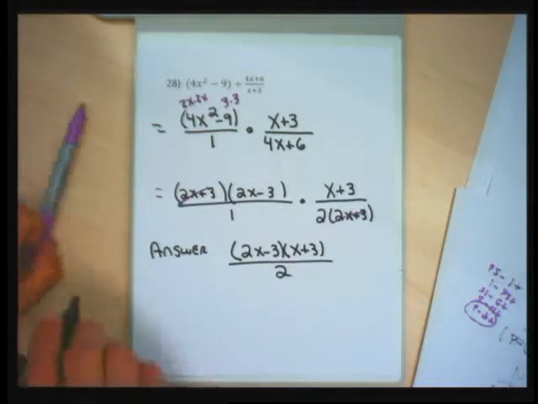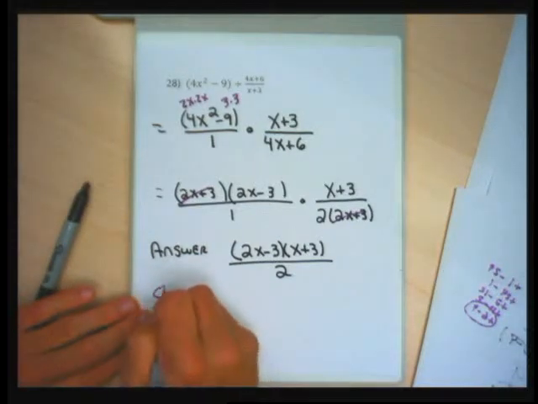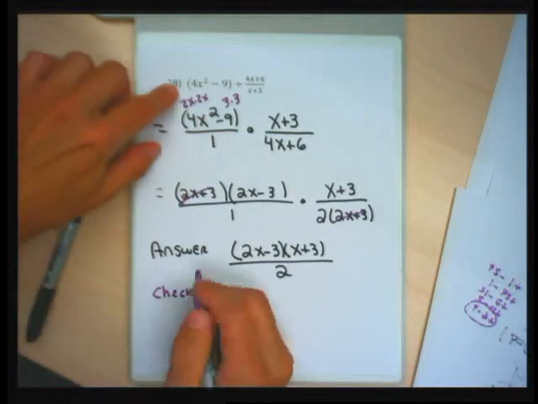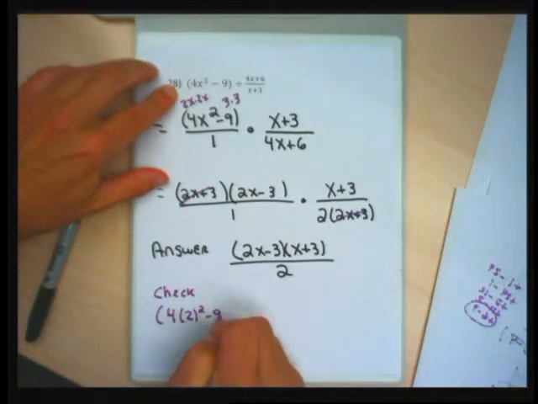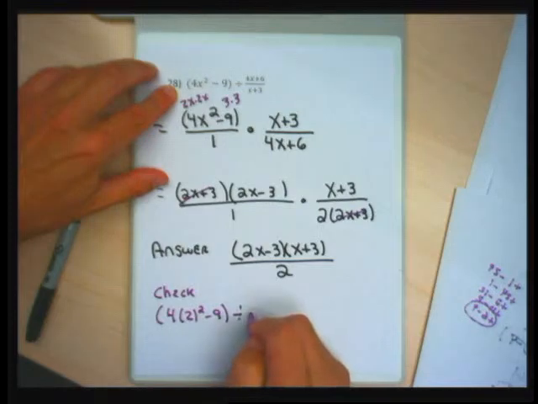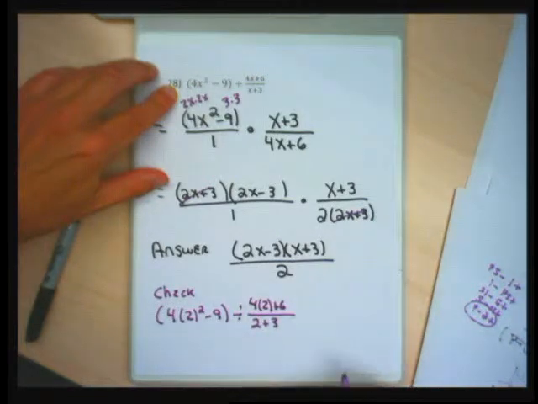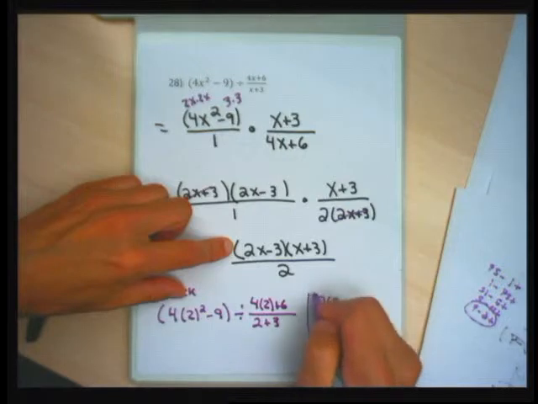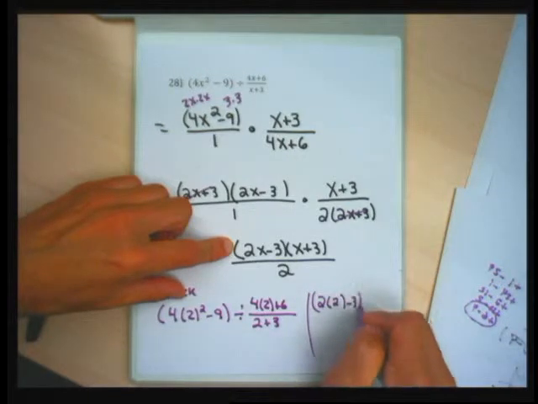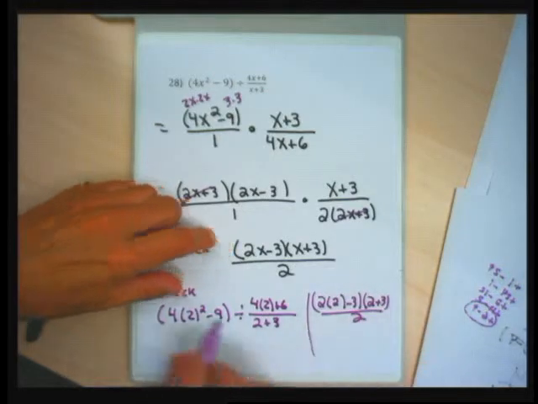I'm going to check by doing 2 again. So I'm going to plug in 2 here. I'm going to go 4 times 2 squared minus 9, divided by (4 times 2 plus 6) over (2 plus 3). And I'll plug a 2 in here and go 2 times 2 minus 3 times 2 plus 3 over 2.